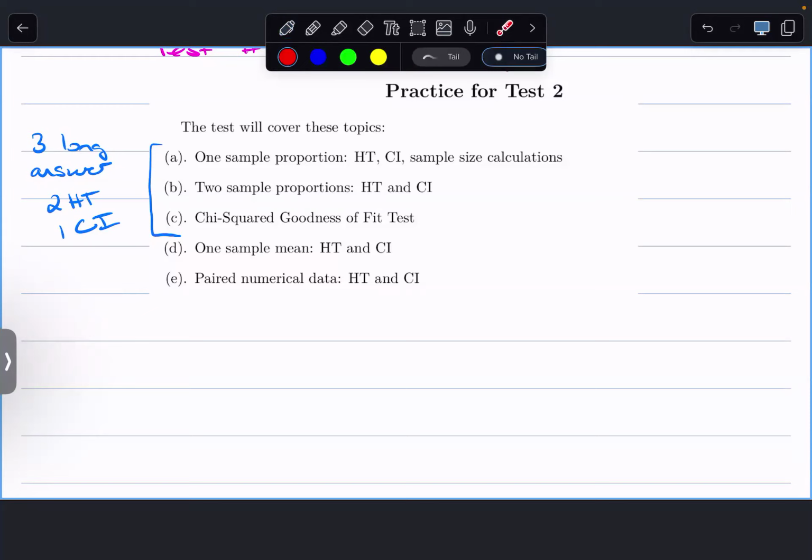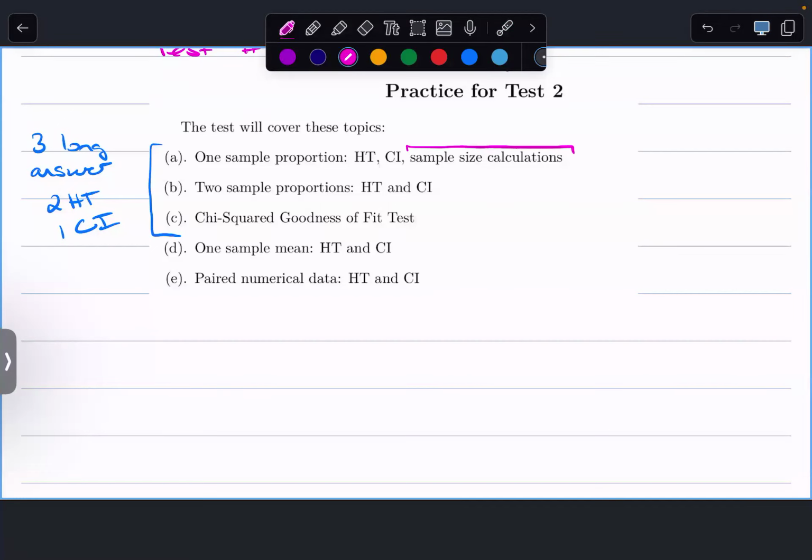For one sample proportion, that was chapter 5, where we spent a lot of time introducing the concepts of hypothesis testing and confidence intervals. We carry those all the way through here, right? So we built those skills back in chapter 5, but also in section 6.1, we did one sample proportion again, which I kind of skipped because we were running behind.